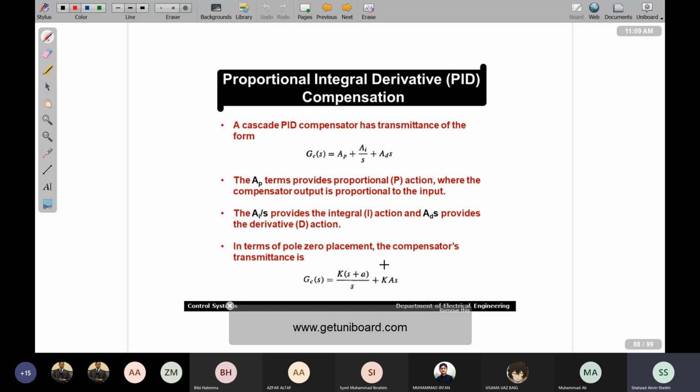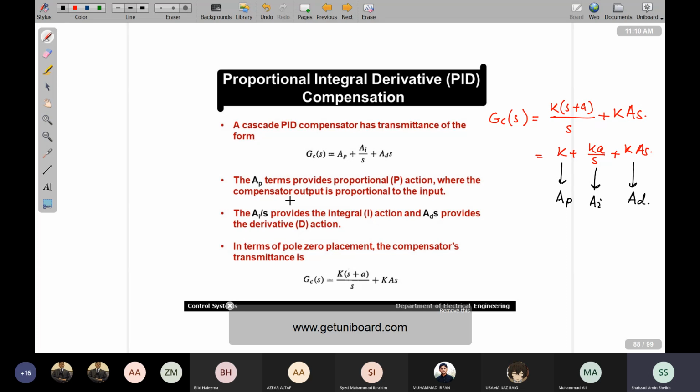So let's see it. Another way of presenting the transmittance of the PID controller is in this format, AP plus AI over S plus AD S. If you compare with what we saw earlier, we have said that GC of S is equal to K times S plus A divided by S plus K A S. This portion we can write as K plus K A over S plus K A S. In this case, this component is AP, this component is AI, and this component is AD.